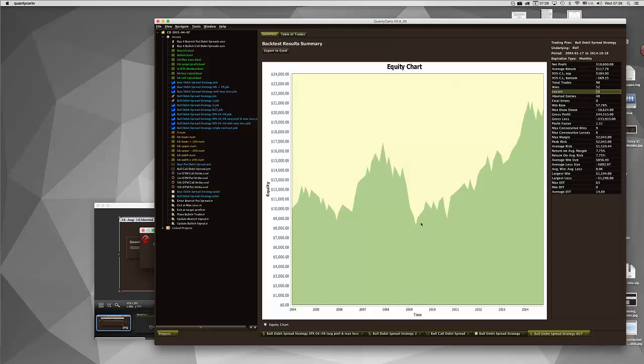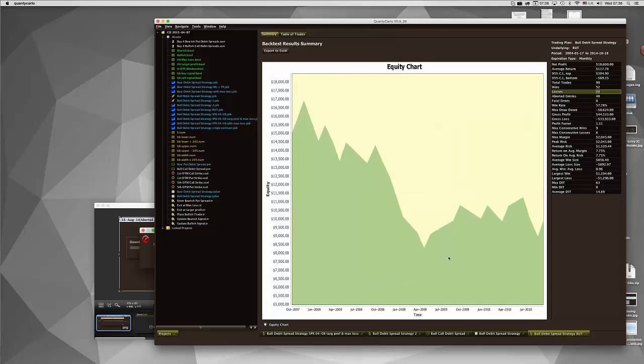And you notice that actually even during right here, this period of time, this is probably our max drawdown, and this is the subprime crisis, right? The crash. So at this moment in time, we actually had a big drawdown, and we got down to about $8,000 balance in our account.